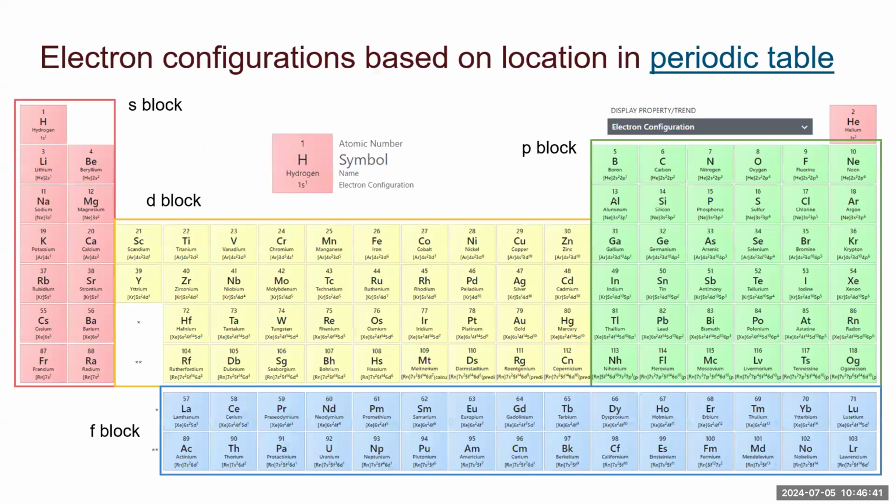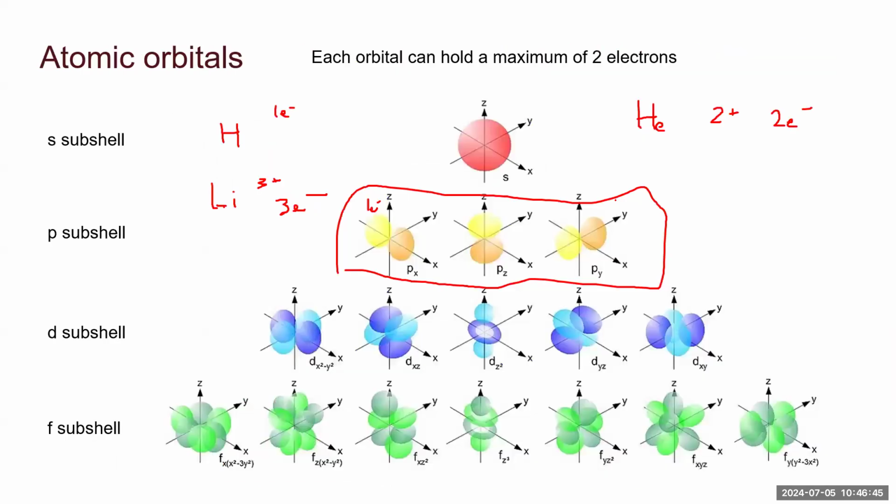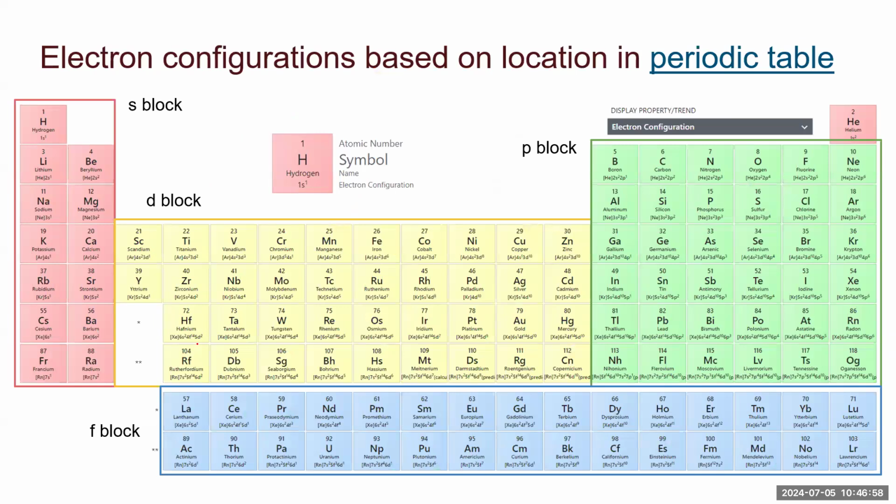Now, what I want you to know about this is what these subshells are. They're known as the S, P, D, and F subshells. This is the periodic table with a different color scheme. These color schemes represent blocks.